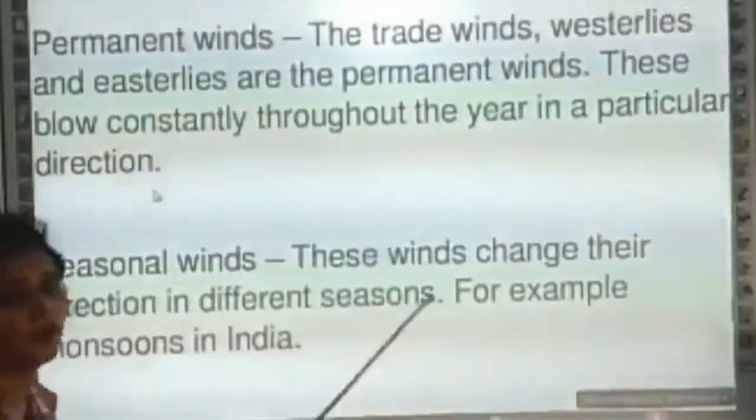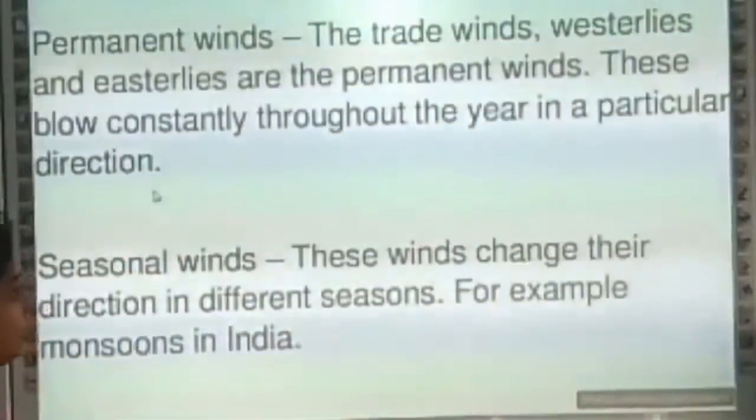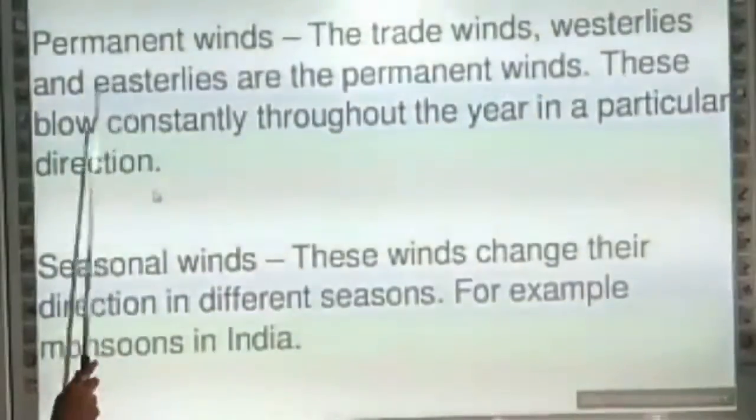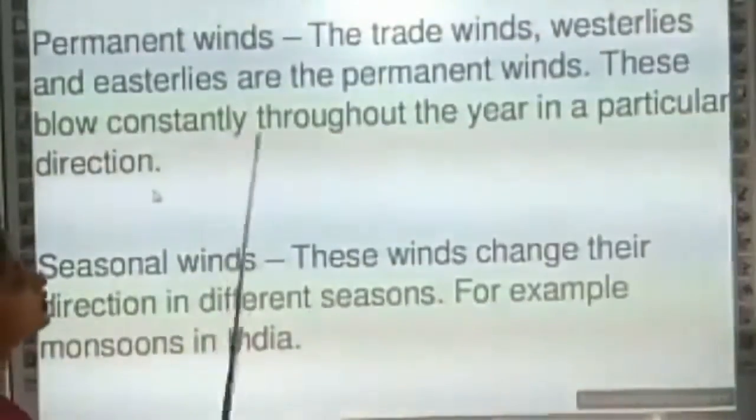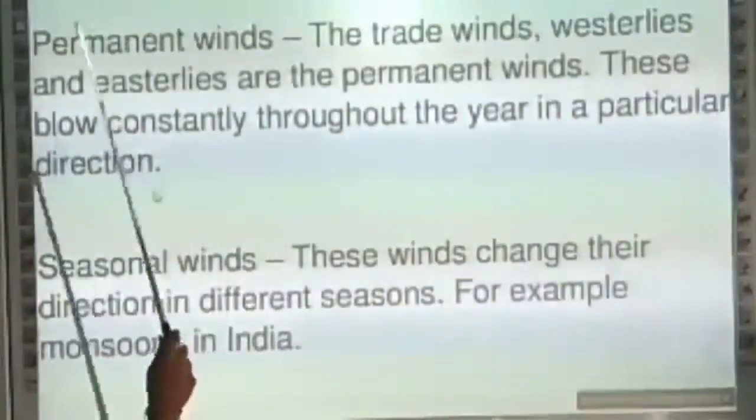This means these winds never change their direction. They blow constantly in the same direction. That is called the permanent wind.